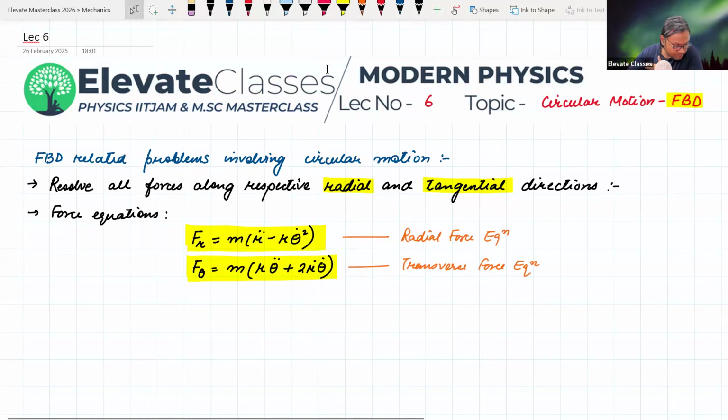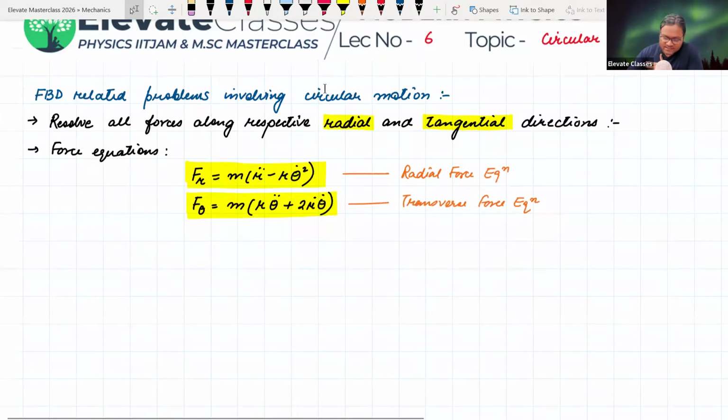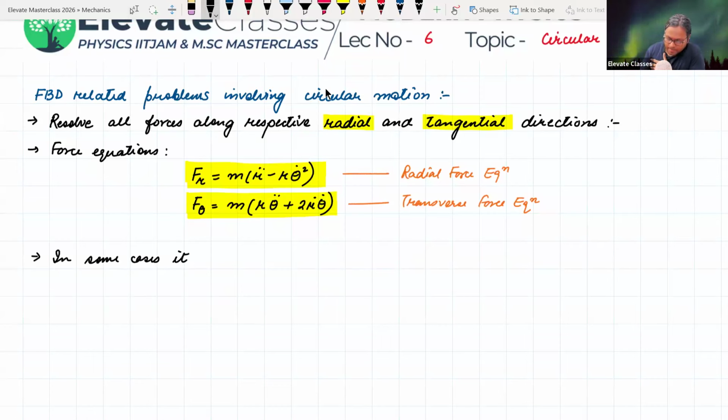Okay. And in some cases, it might be helpful to consider an additional concept called vertical equilibrium.